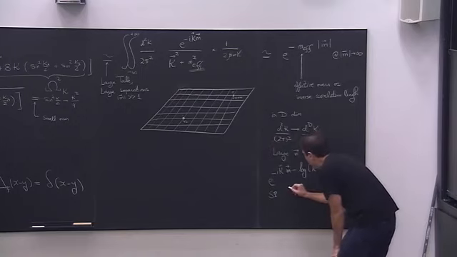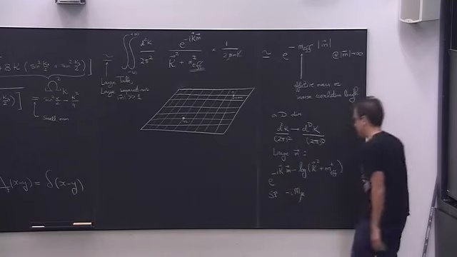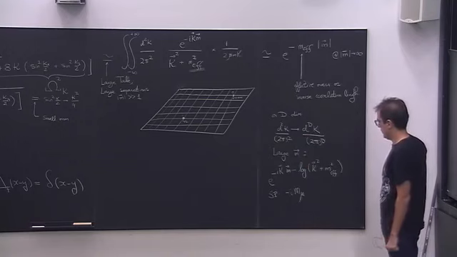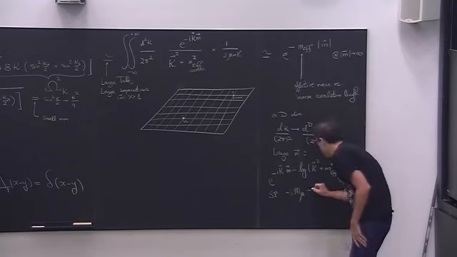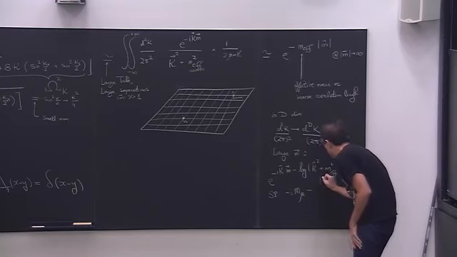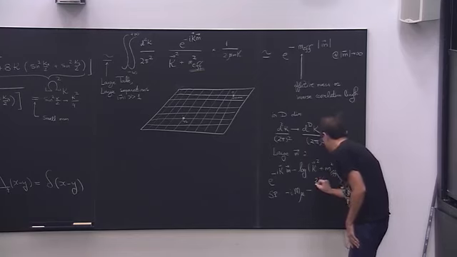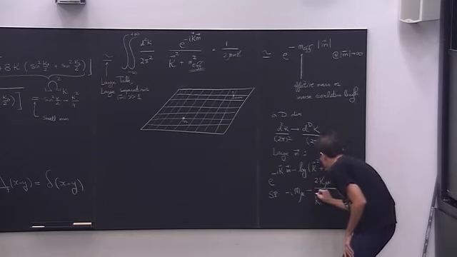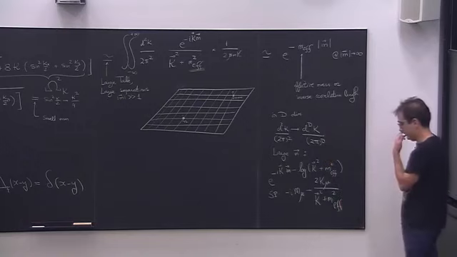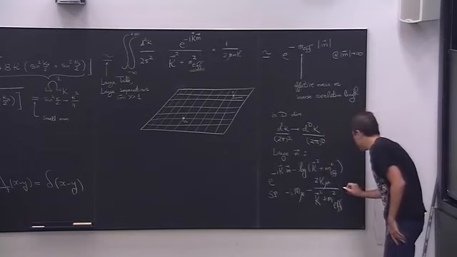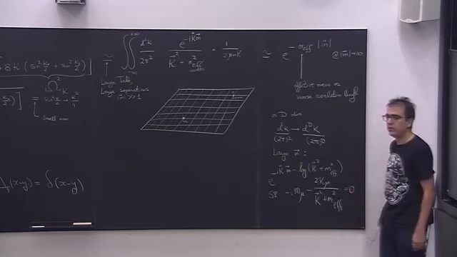The derivative with respect to k gives me minus i m mu, the component mu of the distance, minus the derivative here just gives me k mu with a 2 divided by k square plus m effective square, right? And this should be equal to 0.